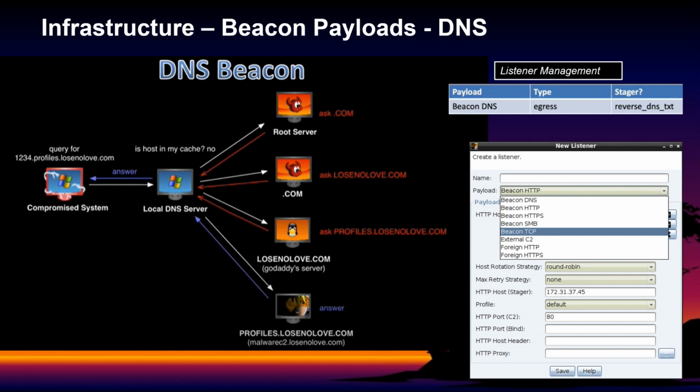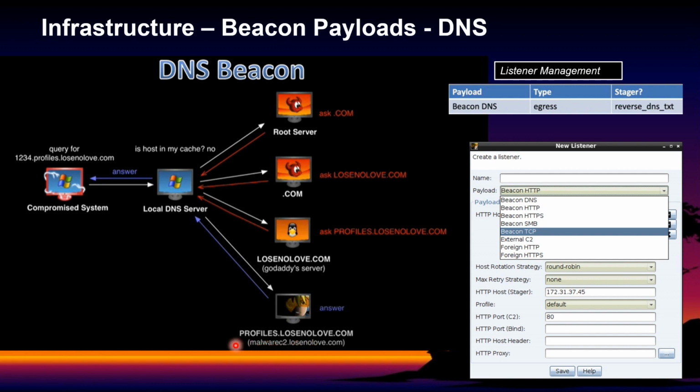Then the DNS will go and ask the server. In this case, it is the GoDaddy server, as you can see here. The GoDaddy server will say that it doesn't know the IP address corresponding to this domain, but it knows a server that actually knows. And what will happen is the local DNS server will reach out to the Cobalt Strike team server and ask if it knows the IP of 1234.profile, and the Cobalt Strike server will parse the query.